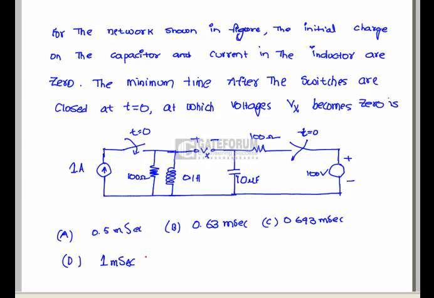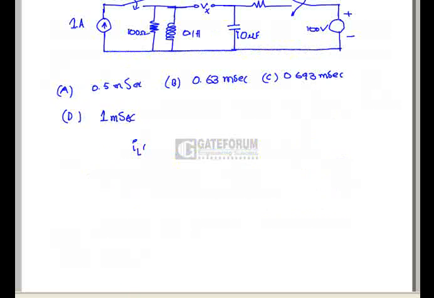Question is for the network shown in the figure, the initial charge on the capacitor and the current in the inductor are 0. The minimum time after the switches are closed at t equals 0, at which voltage Vx becomes 0. Here the given data is IL of 0 equals 0, Vc of 0 equals 0.